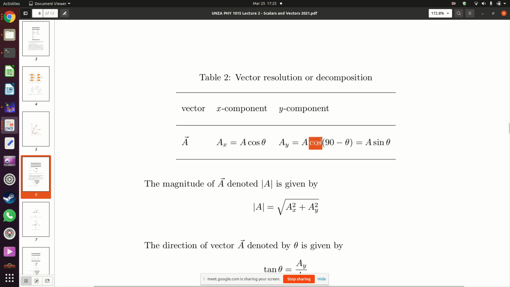Now, the cosine of 90 minus theta is the same as sine theta. So either you can do this or you can work it out like this. Normally, when we are working out the y component of a vector, we just do this: A sine theta.